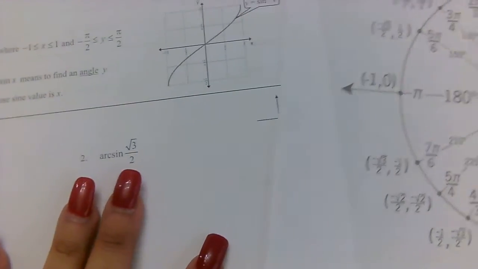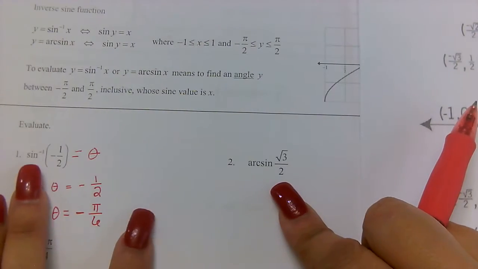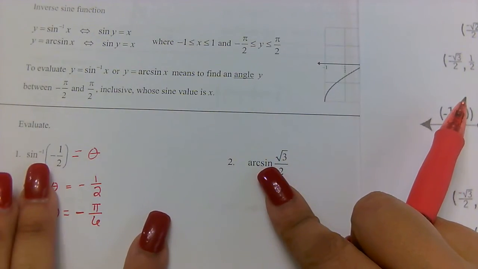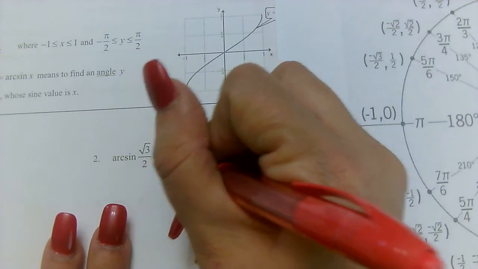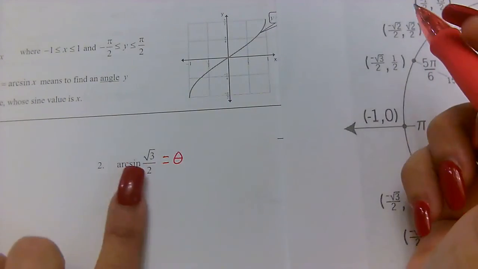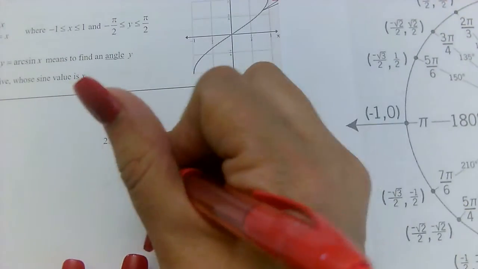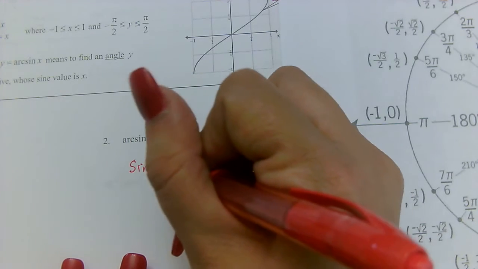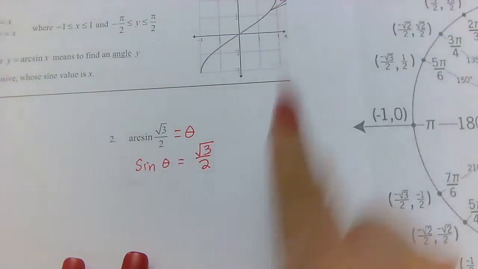Number 2, arcsine. Arcsine is another way that we can represent inverse. So you will see it one or the other. Okay, again, this is going to be equal to a theta. This is our ratio. Anytime you see arc, it's our ratio. In other words, it's the same thing as saying sine theta is equal to that ratio.